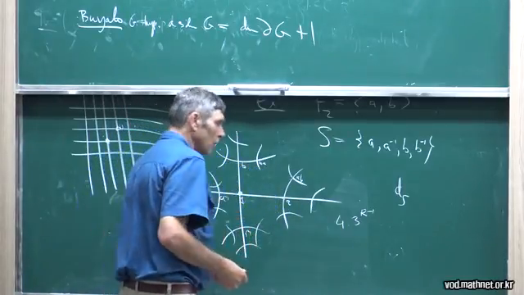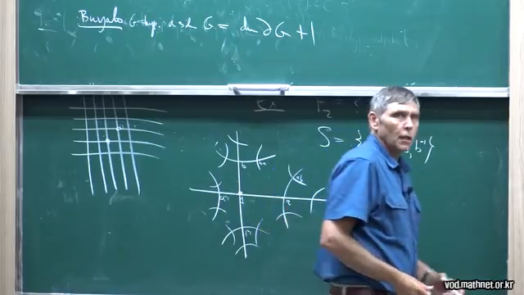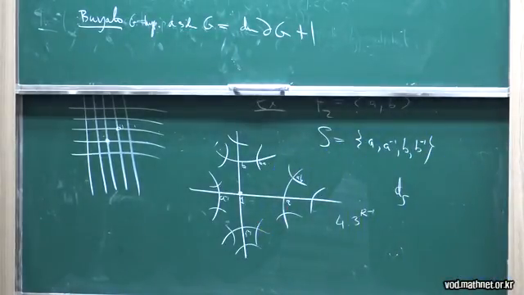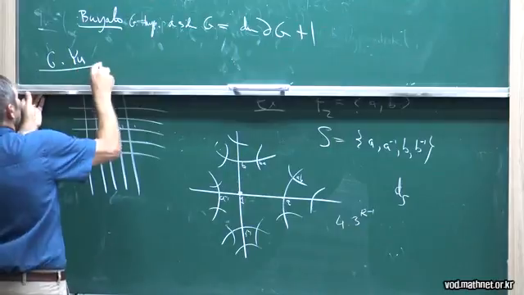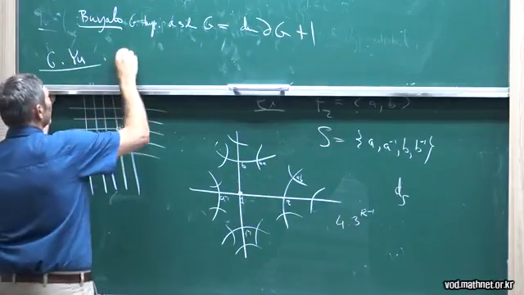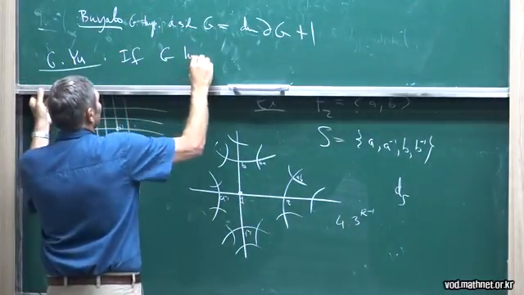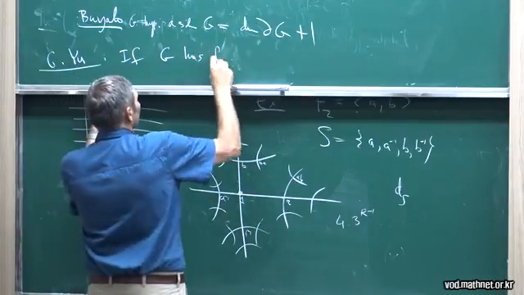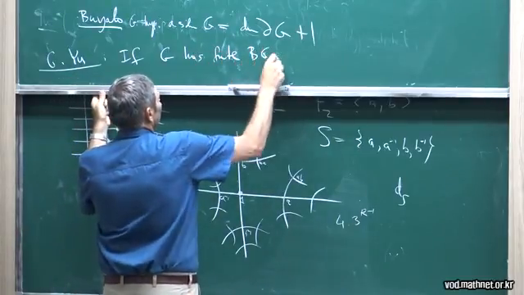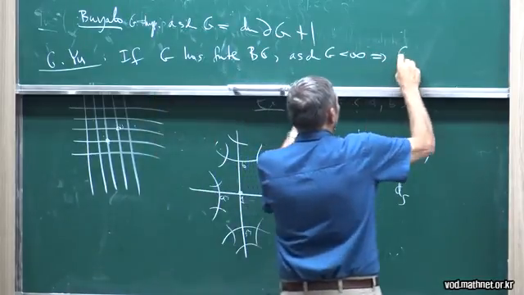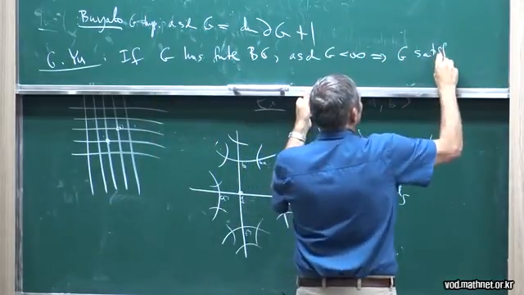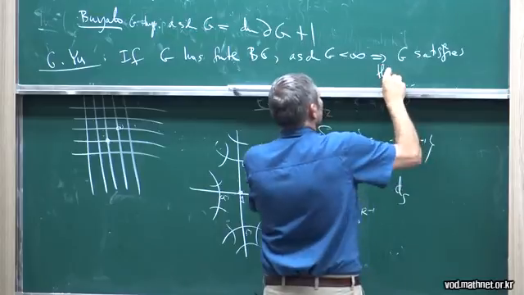Now, one reason why you want finite asymptotic dimension is that this implies some conjectures in manifold theory. So the Novikov conjecture, this is a theorem of Guoliang Yu. Guoliang Yu says that if G has a finite classifying space, finite BG, and the asymptotic dimension of G is finite, then G satisfies the Novikov conjecture.